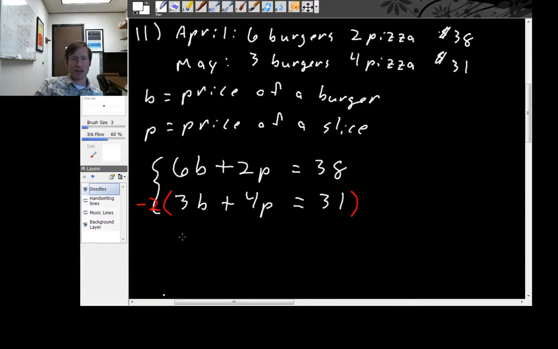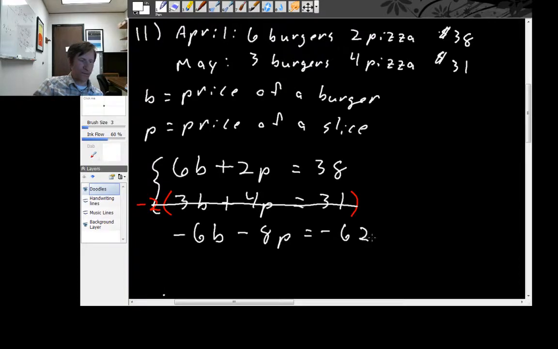I'll cross out the old second equation so we don't get it mixed up. So it makes the second equation -6B minus 8P equals -62.